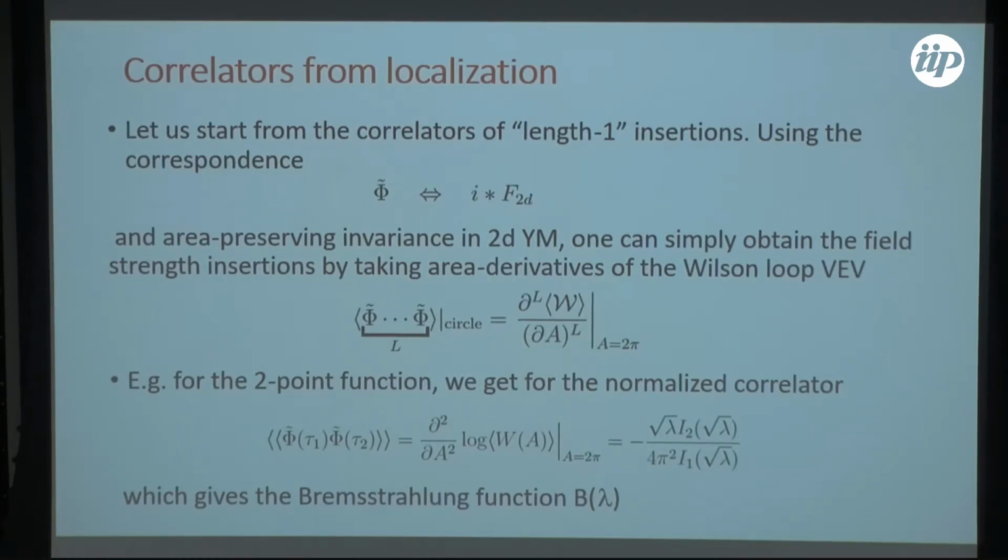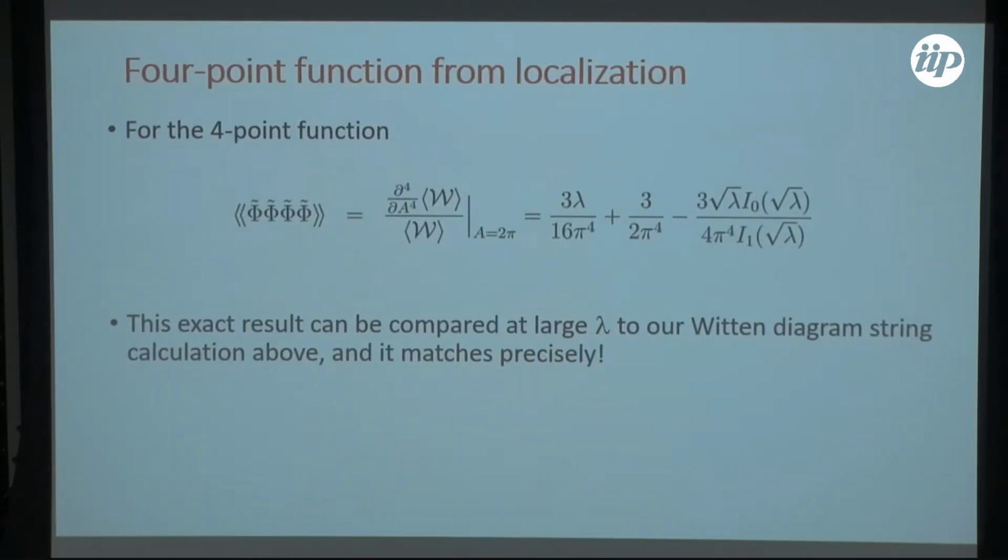Doesn't matter which points, but separate points. So for the 2-point function, for example, you can get in this way immediately the Bremsstrahlung function. You just take the Wilson loop expectation value of the log, take two derivatives with respect to area, and you get this ratio of I2 and I1. Okay. For 4-point function, you can do the same.